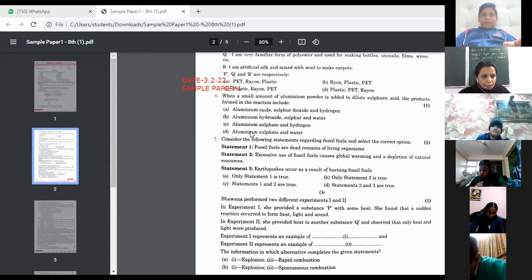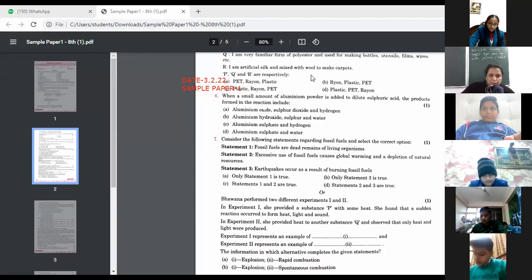Can I have the answer from your side? If you know the answer, which product is there when aluminium powder is added to dilute sulfuric acid? Any one of you? Yes, Geet. Ma'am, option C, aluminium sulfate and hydrogen.